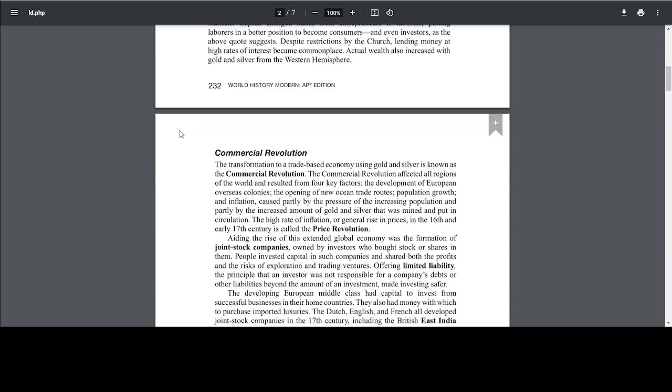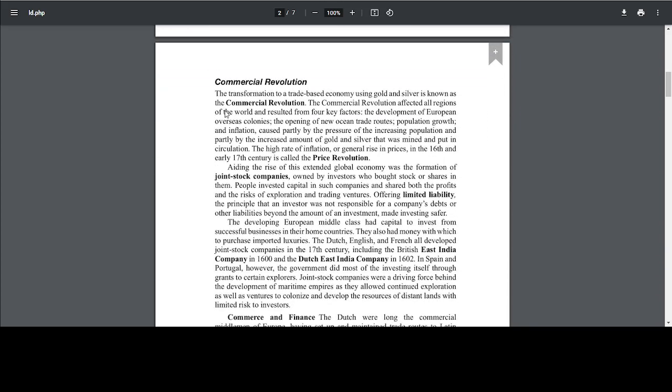But aside from that, the commercial revolution brings another item to the table that we should really memorize. The commercial revolution affected all regions of the world and resulted from four key factors: the development of overseas colonies, so colonialism; the opening of new trade routes, so the development of maritime empires and technologies; and an increase in population.